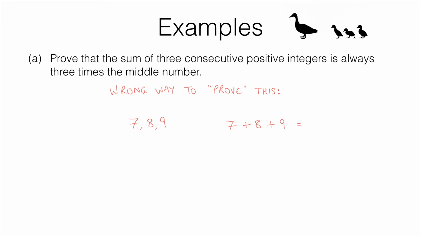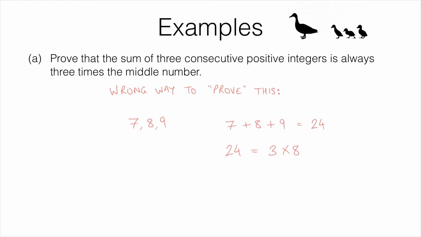And they would find the answer is 24. Then they would say, yes, look, 24 is 3 times the middle number, which is 8. So they've done that and they think they've proved it. They've shown that the sum of 3 consecutive positive integers, 7 plus 8 plus 9 in this case, happens to be 3 times the middle number.